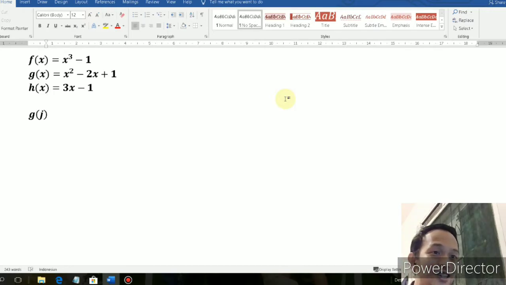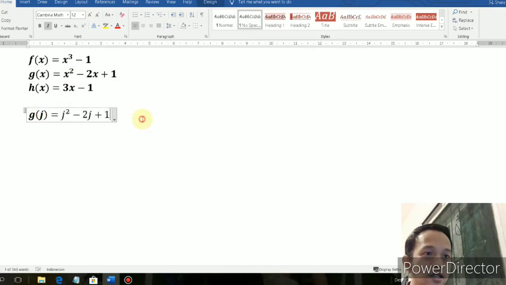It means you are referring to the value of y of the second function if I substitute x by j. So the result is j squared minus 2j plus 1. Done. You cannot do anything more from here. This is your final answer.